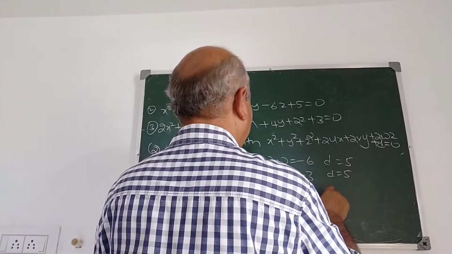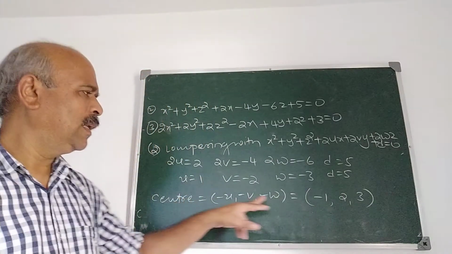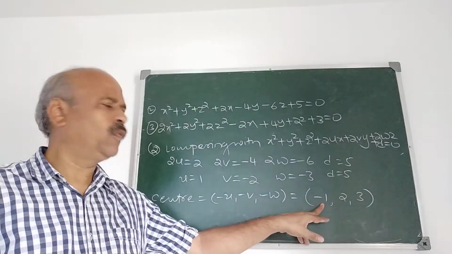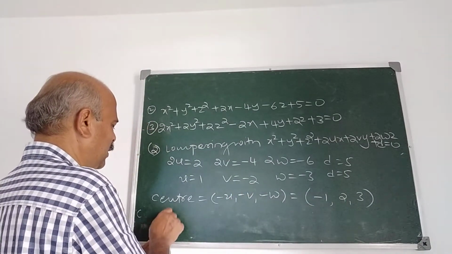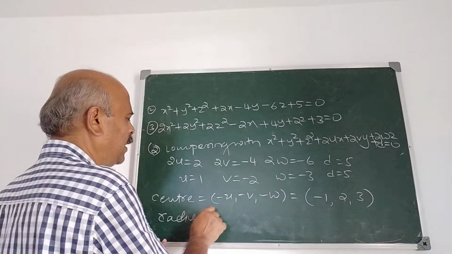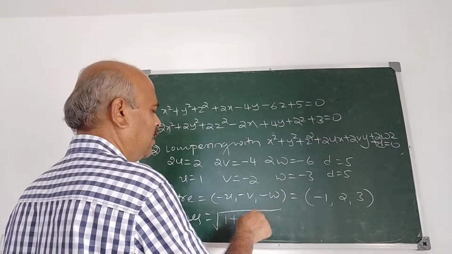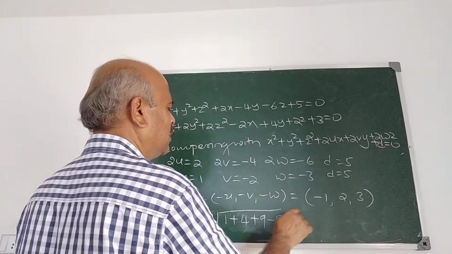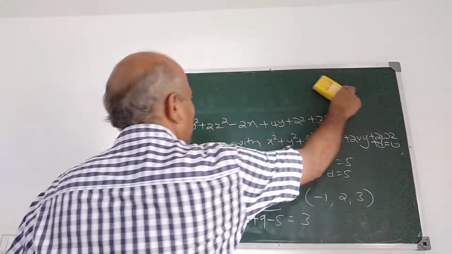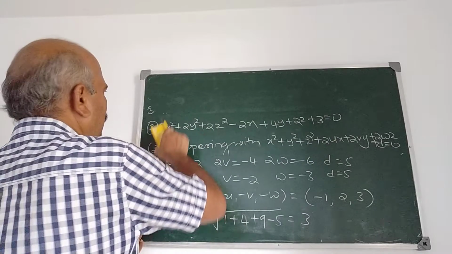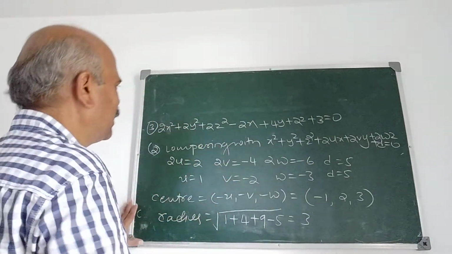So minus 1, 2, 3. While applying the formula you should be careful. Formula is minus u, minus v, minus w, and the radius is square root of u square plus v square plus w square minus d. So it is 3. Now this type of questions are important. You may be asked in the examination for 2 marks. Find the center and radius.